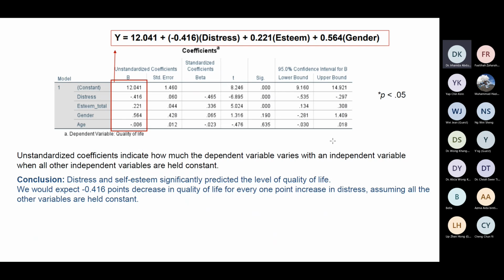As a conclusion, distress and self-esteem significantly predicted the level of quality of life because only two of them have a p-value lesser than 0.05. We would expect a negative 0.416 points decrease in quality of life for every 1 point decrease in distress, assuming all the other variables are held constant.